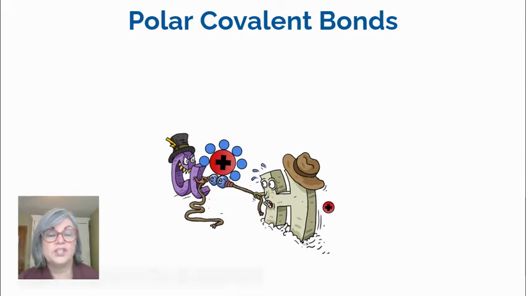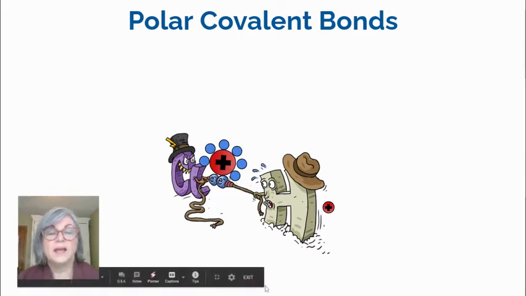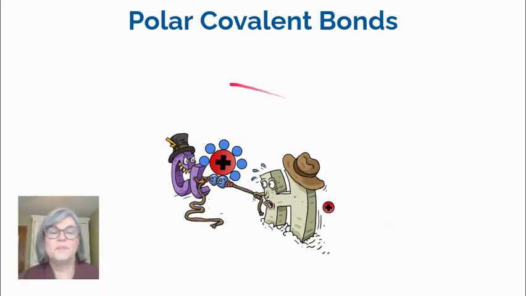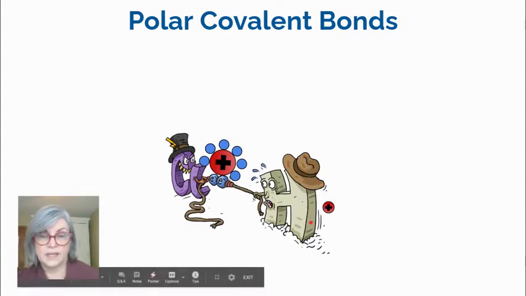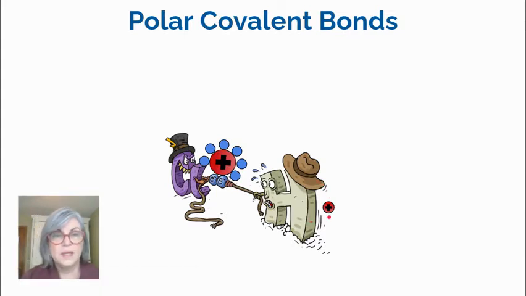And so when they share electrons, because chlorine has so many more protons than hydrogen, the electrons that are shared, so here's chlorine's electron, here's hydrogen's electron, end up on chlorine's side of the molecule more time than they spend on the hydrogen's end of the molecule.